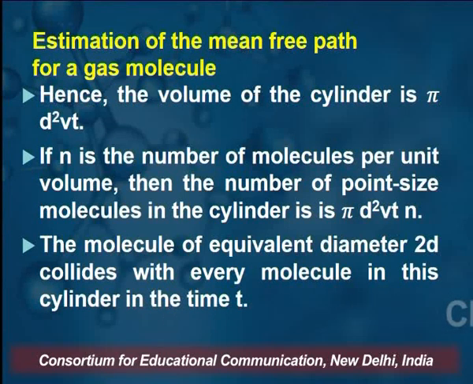Here pi d square is the cross-sectional area of the cylinder, vt is the length of the cylinder, and small n is the number of molecules per unit volume. Always remember, small n is the number of molecules per unit volume and capital N is the total number of molecules. The molecule of equivalent diameter 2d collides with every molecule in the cylinder in the time t.